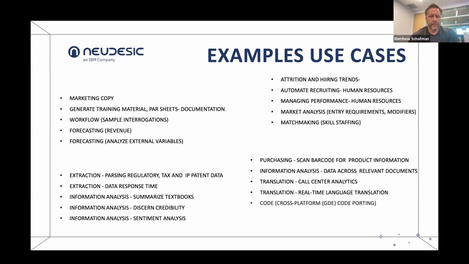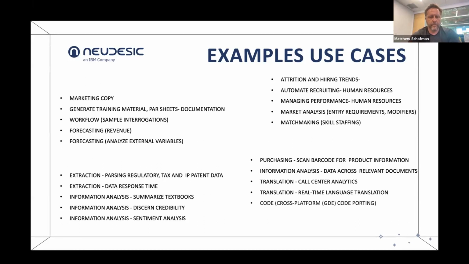Also looking at documentation, there are a lot of organizations with a lot of unstructured information. How can we use it to extract that information, identify maybe risks, or organize it in a structured way? So, information analysis.